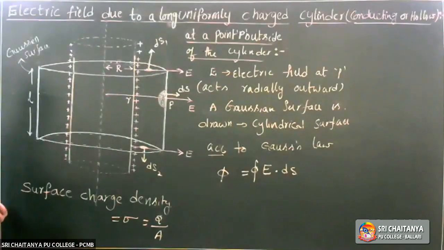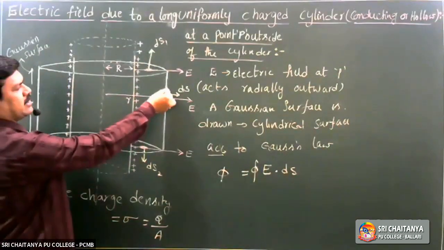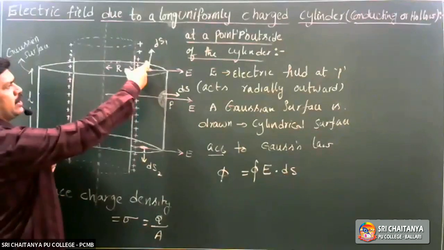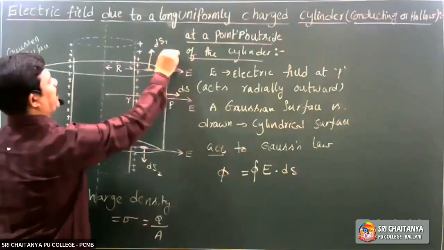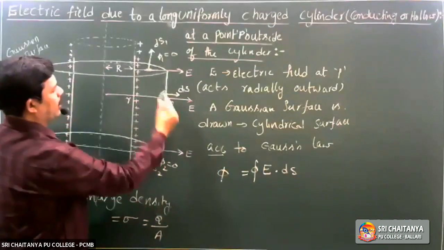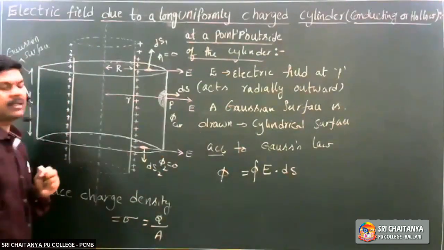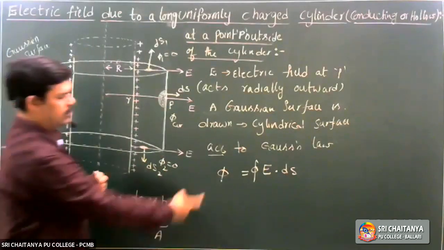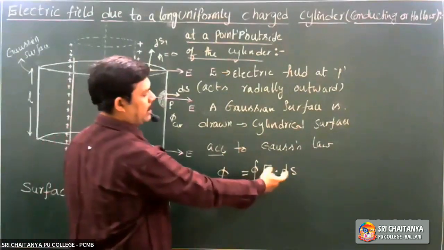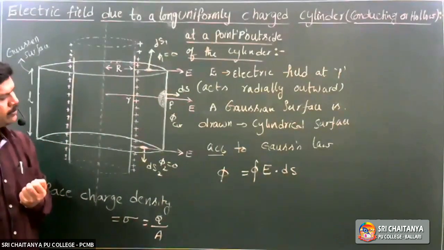Integral E dot ds. Through which surface is it? Only through the curved surface. For this surface, phi 1 is 0. For this surface, phi 2 is 0. Only for this curved surface, you have the flux. So phi is integral E dot ds, right?